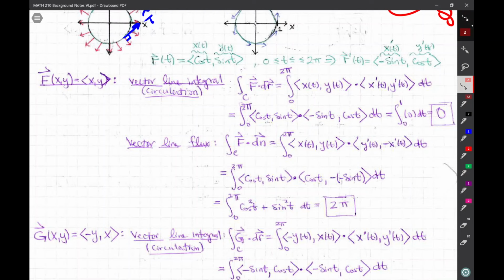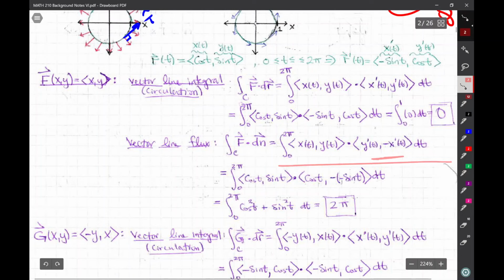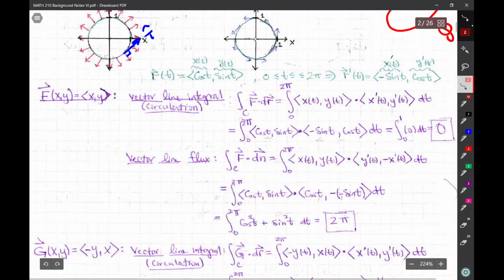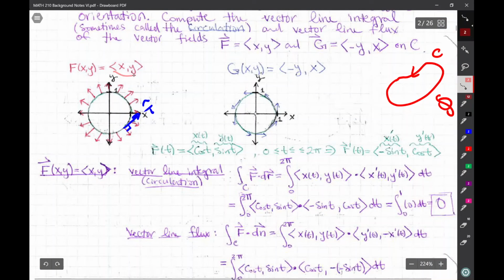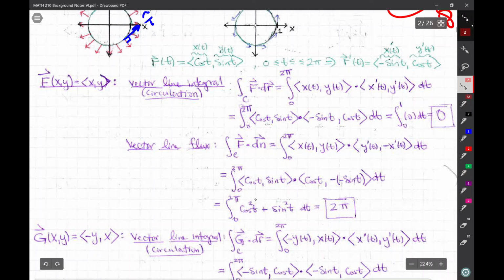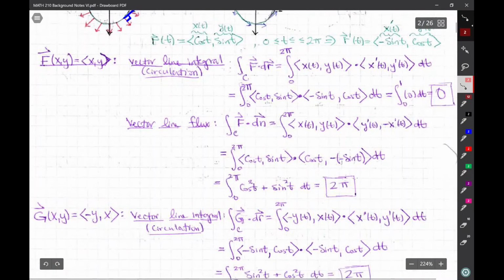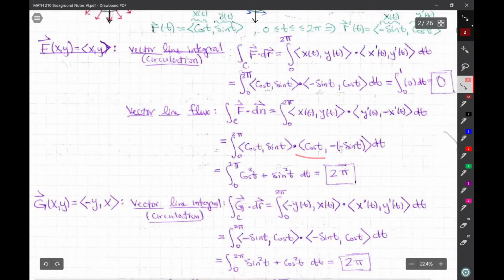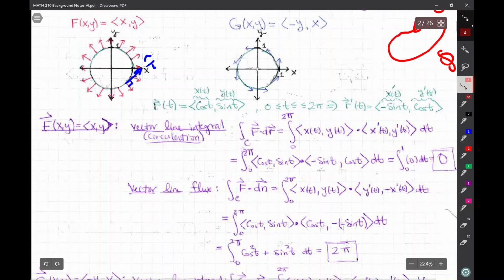Now what about the line flux? You've got to be careful. The formula for line flux looks like this. When we plug in our parameterization, we still get x of t and y of t, because that's what F is, x and y, pretty simple. And we dot it with this vector here, and we end up getting 2 pi as we should have.